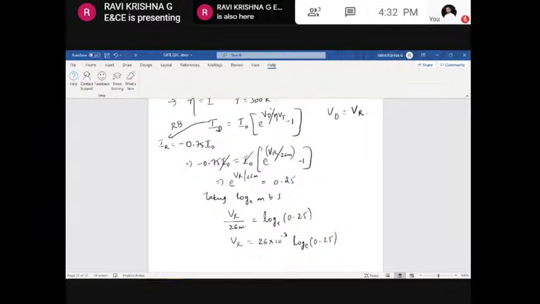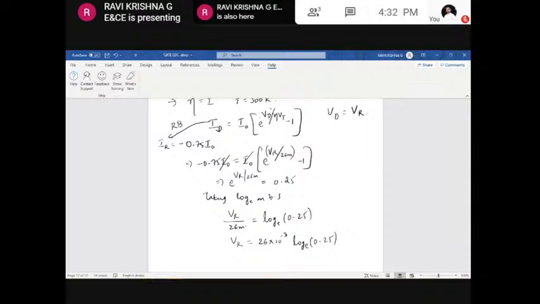Because of this log of 0.25, we will get a negative value. It will be minus 35.82 millivolts. Since we are considering the reverse bias condition, we got the negative value.